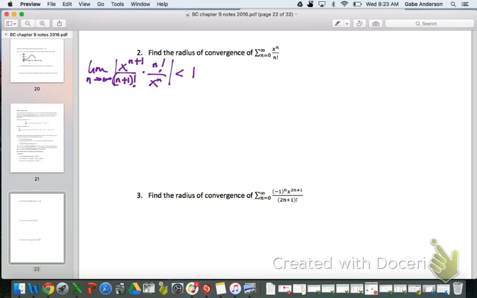Okay, so like before, we're going to do a little bit of that work with the exponents and the factorials. So I think my next step would be the limit as n goes to infinity. I'm going to subtract my exponents on the x's, giving me just x to the first. And then with my factorials, I'll just end up with n plus 1 in the denominator. So let's stop for a second here and analyze this limit.